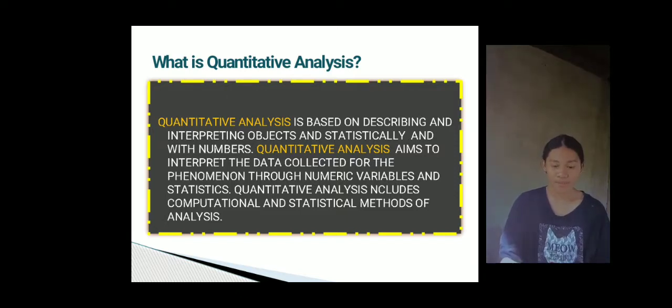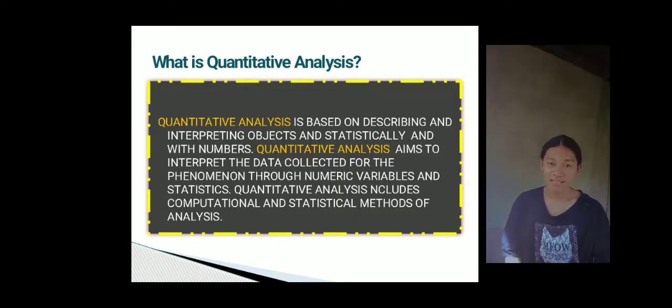So, quantitative analysis is a technique that uses mathematical and statistical modeling, measurement, and research to understand behavior.